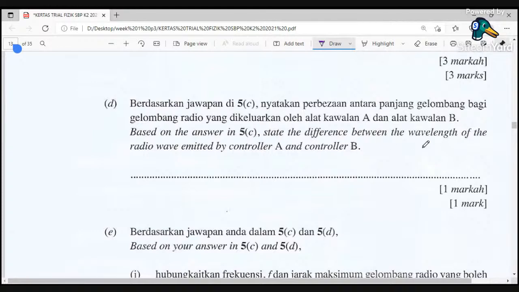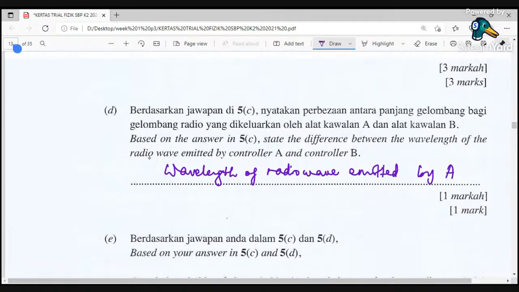Based on your answer, state difference between wavelength of the radio wave emitted by A and B. Okay, wavelength A is longer.